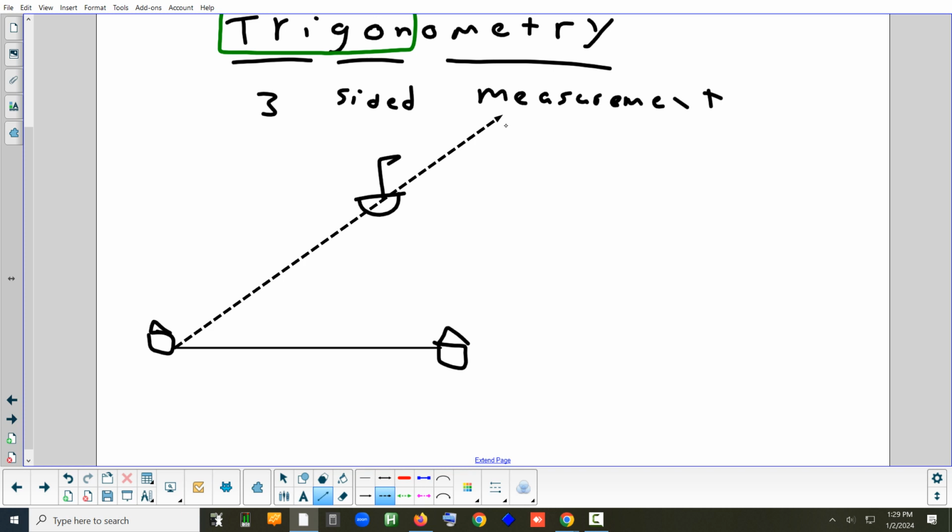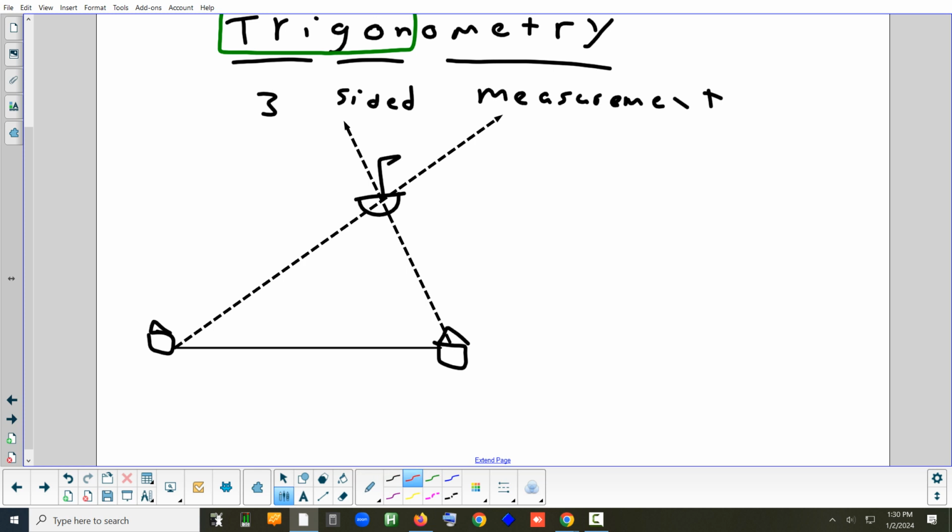Now, the second station can see the boat, but they're not looking in the same direction. They're going to look more north, maybe like 10 or 15 degrees west of north. That's the direction they see. And when two observers see the same thing, now you can triangulate what they're looking at.